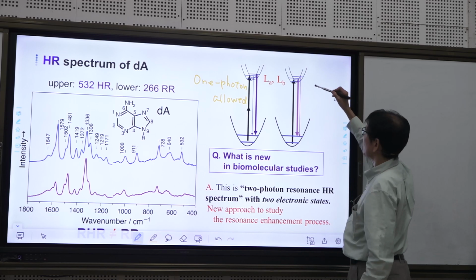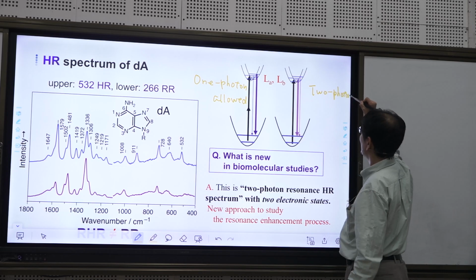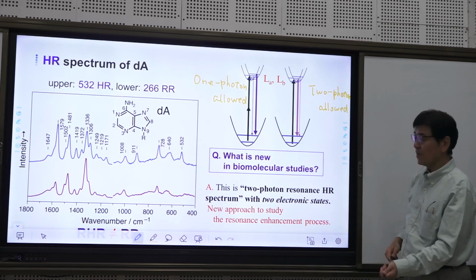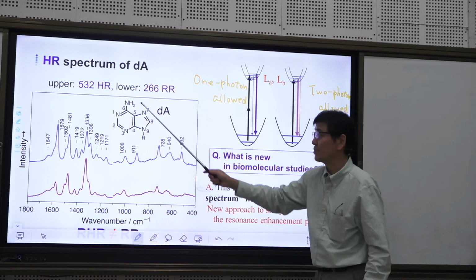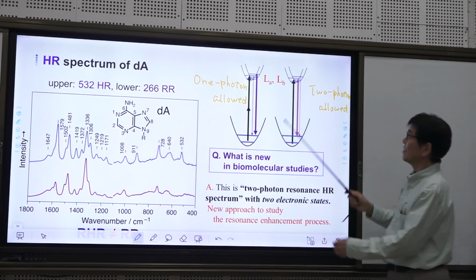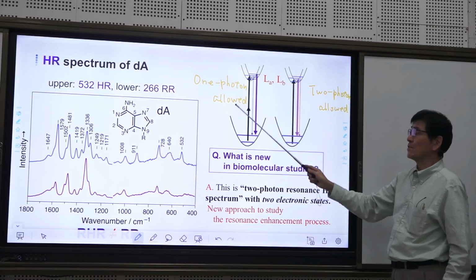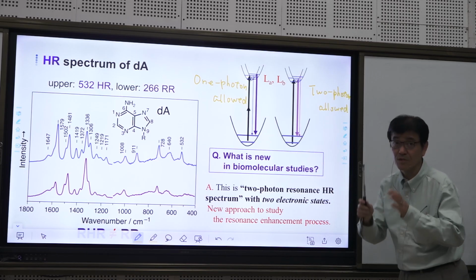The other should be two photons allowed. Exactly speaking, the symmetry of this molecule is not so high, only there is a symmetry plane. And therefore, one photon allowed state and two photon allowed state are not exclusive to each other.